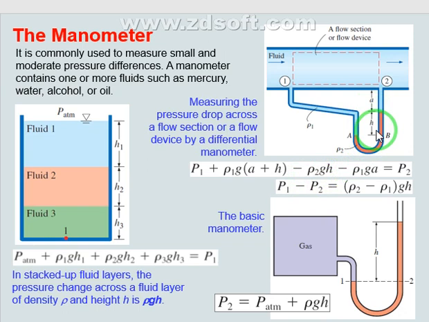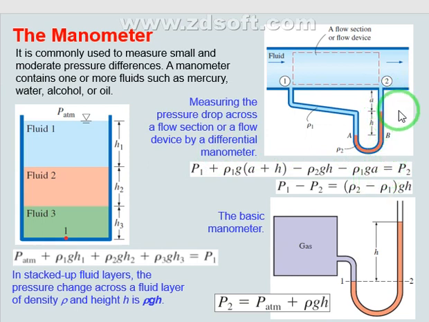I'm gonna describe this method in the next example in detail. Then minus rho 1, which is the liquid, the water as an example here, g A, this distance. All these terms are gonna equal P2.